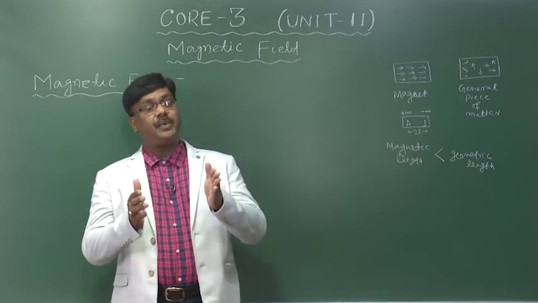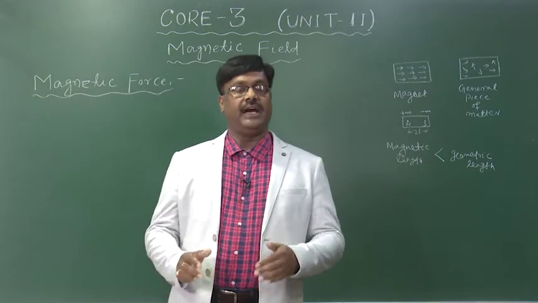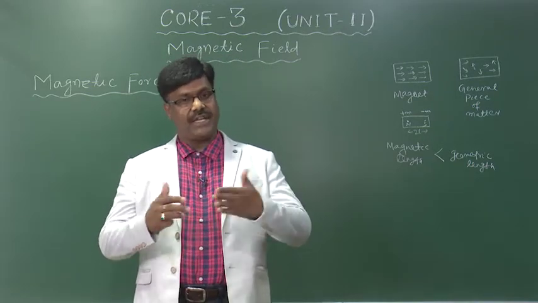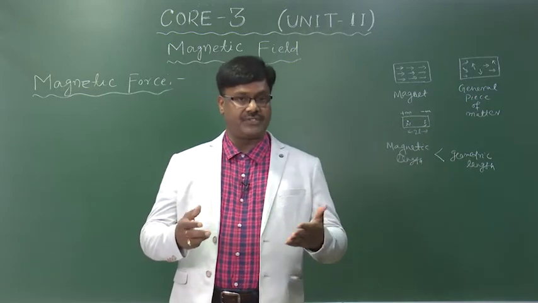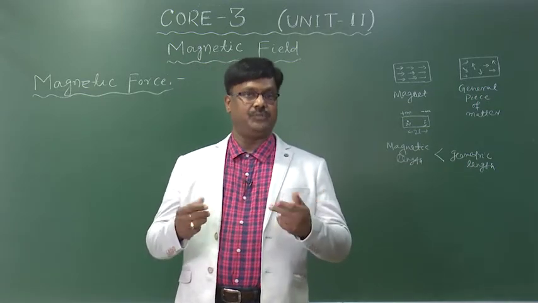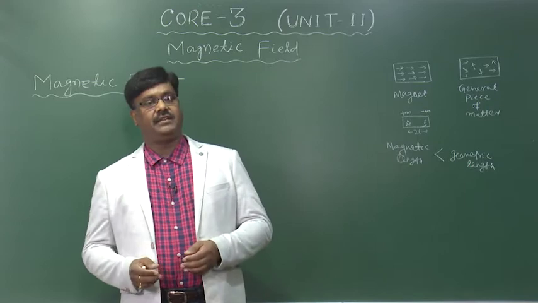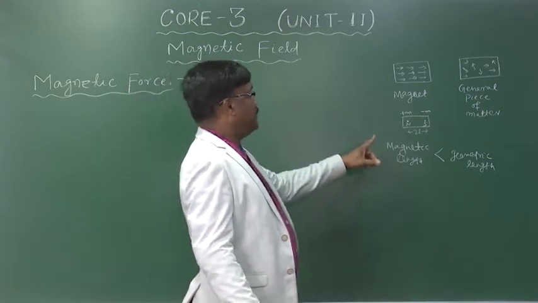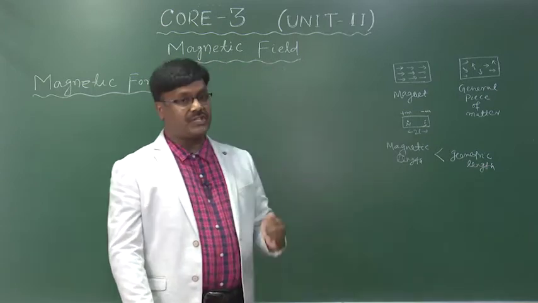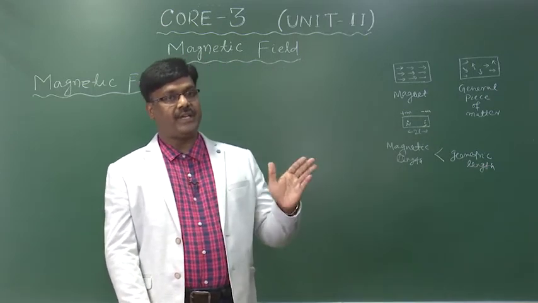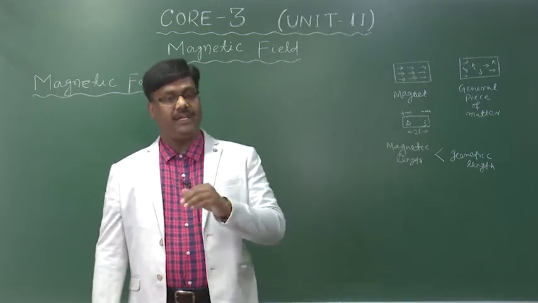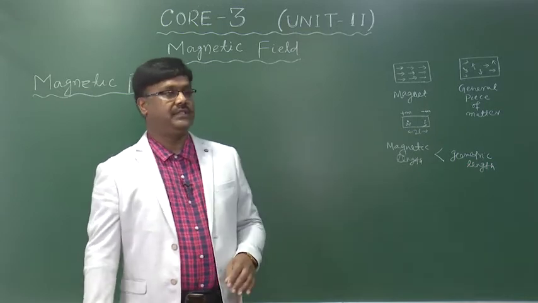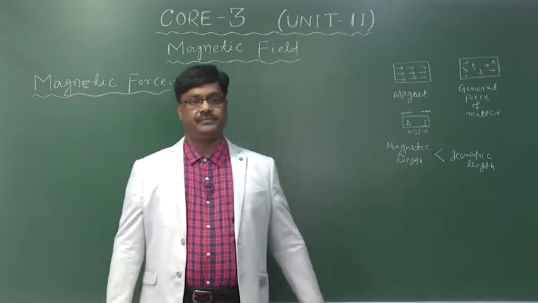To explain the magnetic field around a magnetic pole, we have to take the help of magnetic field strength, magnetic lines of force, and magnetic potential. Now, if we take the magnetic field strength as B vector, that will be the force per unit pole strength, that is F by m.